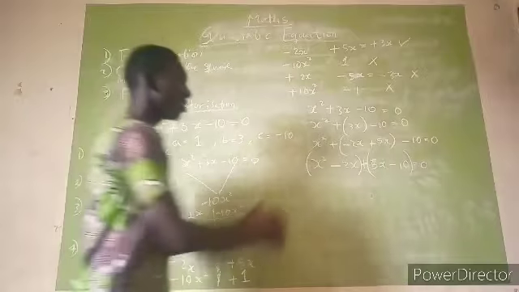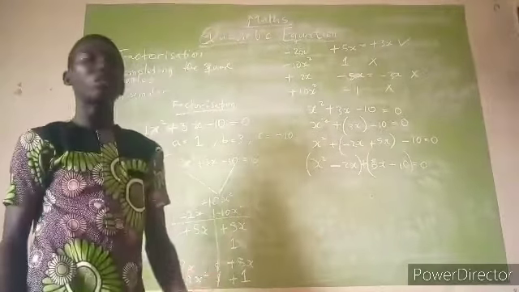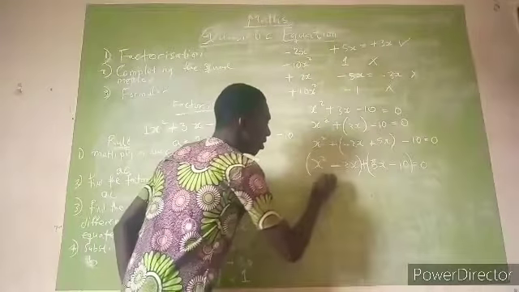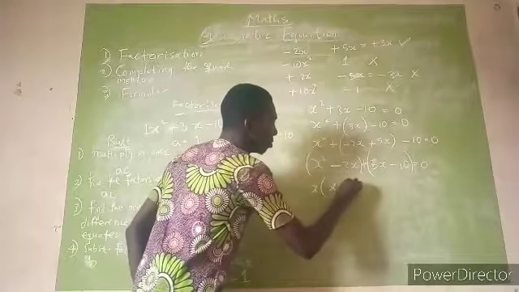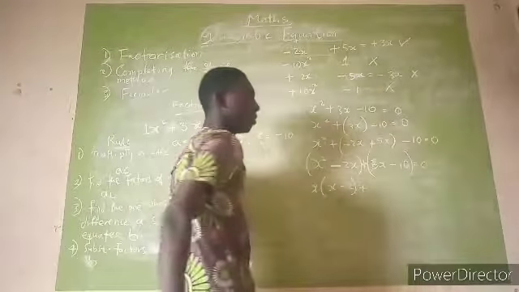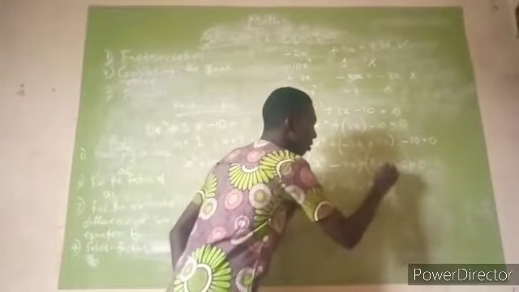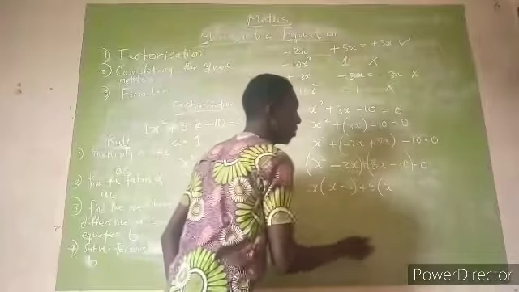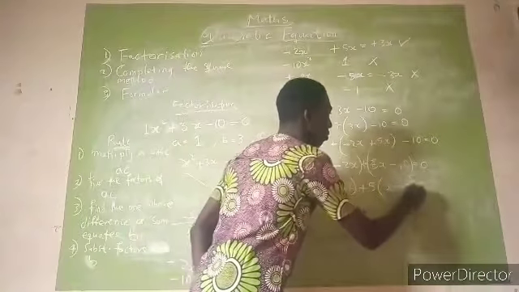I hope you understand. Now let's factorize. Factorization, you were taught this as well. So you check what is common there. X is common. I can have x into bracket x minus 2 plus what is common here? 5 is common. What's left? X minus 2 equals to 0.